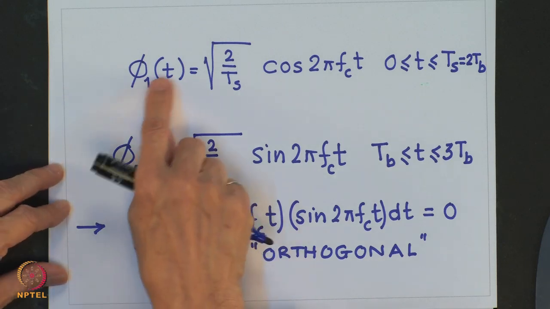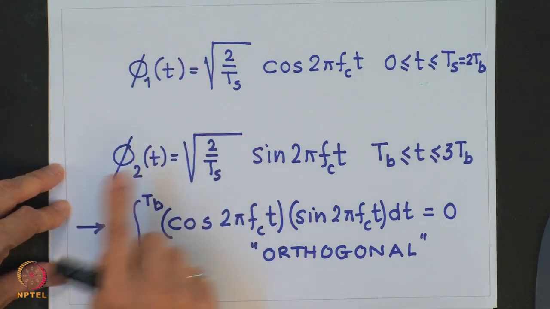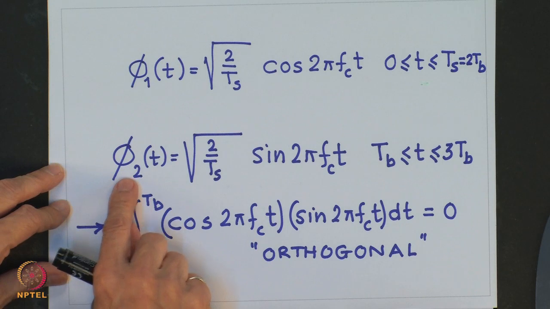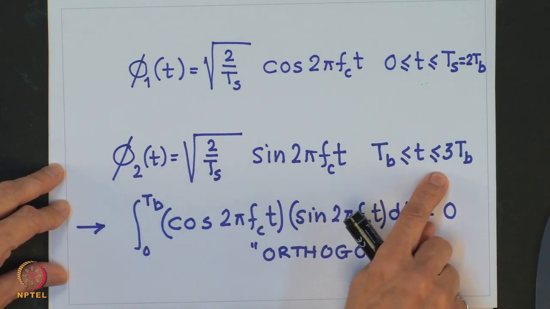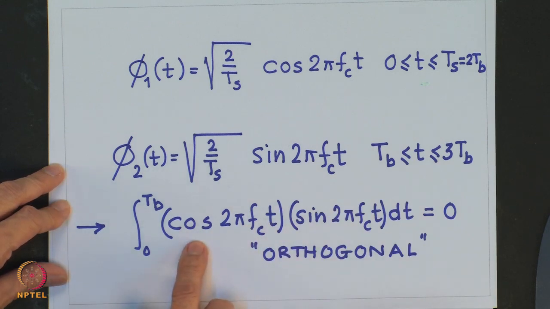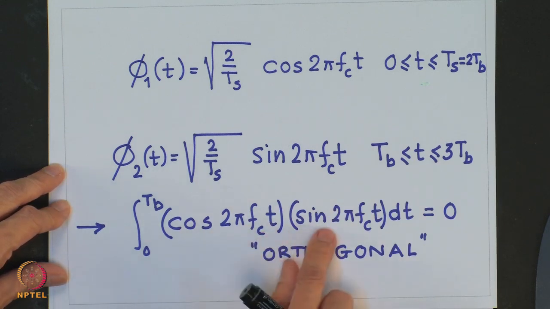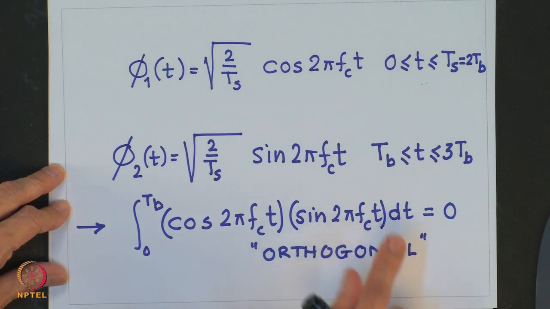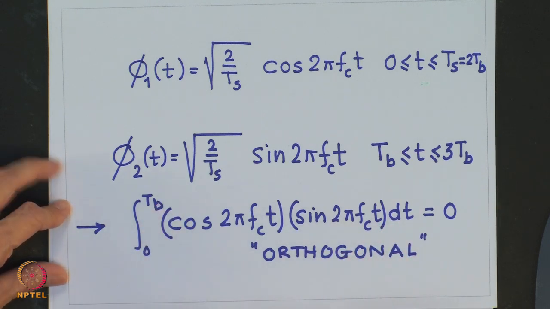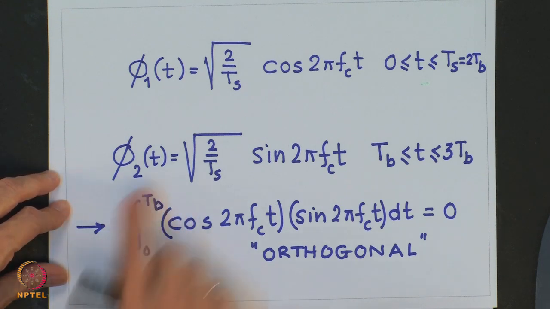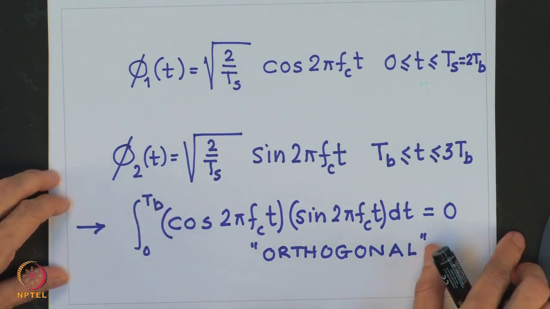So your orthogonal basis signals are accordingly displaced by TB seconds. And it is also important to note that cos 2 pi FCT and sin 2 pi FCT are still orthogonal over the duration 0 to TB. This is an important thing to note.